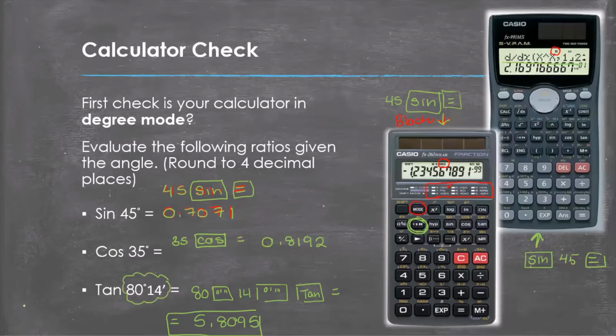So you would do 14 divided by 60 plus 80. If you do that, I wrote down the number, you would get 80.233, and then you would press tan. Okay, you'll get exactly the same answer. I say exactly the same, but depending on how much rounding you do, you could get a little variation, so try to keep as many decimals as possible.